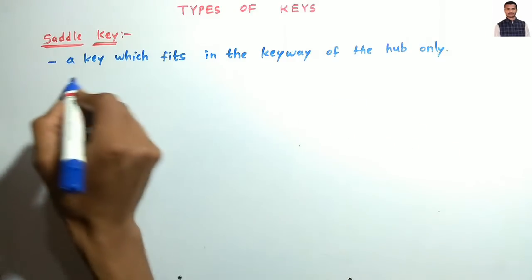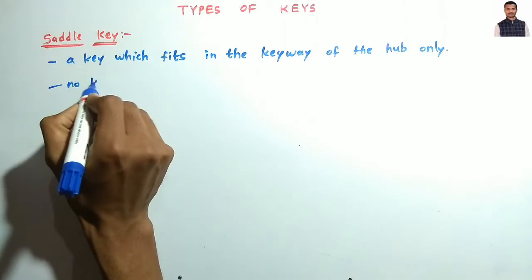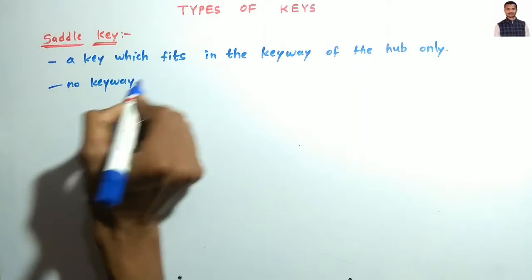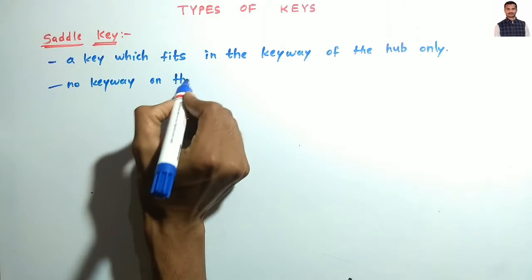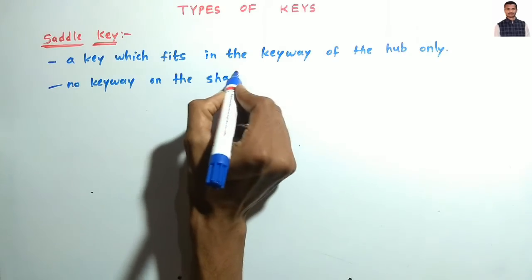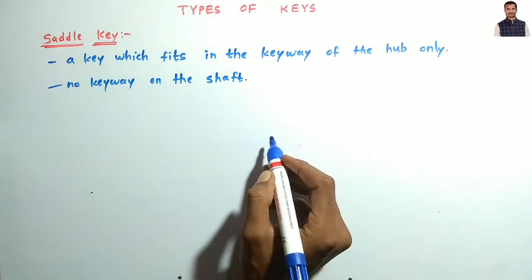Now there is no keyway on the shaft. So in a saddle key, there is no keyway on the shaft.